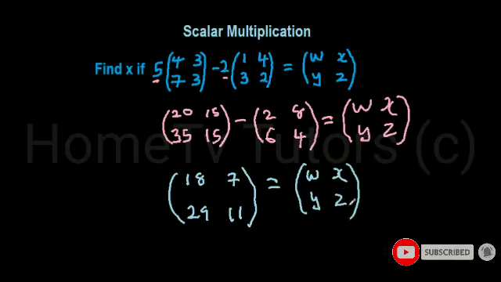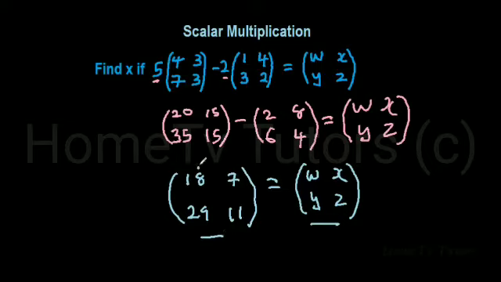Since the resulting matrices are equal, the corresponding elements must be equal as well. So if the element is 7 here, then x must be equal to 7. Likewise, the other unknown elements. So note that two matrices are equal if they are of the same order and their corresponding elements are equal.